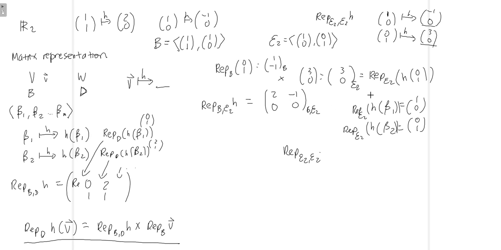And it's also the natural basis for the second one. So B1 projected gives (-1, 0), represented in terms of the natural basis that gives us (-1, 0). And then the other one, (3, 0), and that gives us the representation of the linear map in terms of the standard bases.